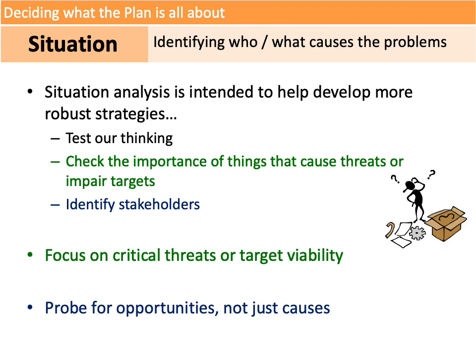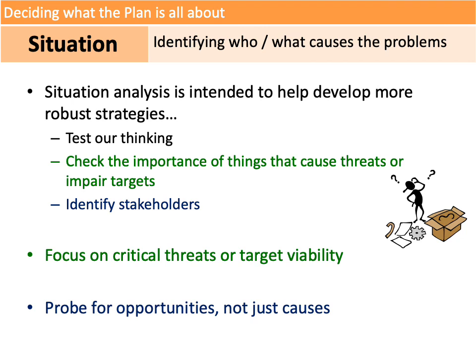We've talked about developing more robust strategies, but the other thing that's important here is it can really help you identify stakeholders that may not have come up when you did your first stakeholder assessment. It can help you identify stakeholders who may be part of causing the problem, but it can also help you think about their motivations. It can also help you identify stakeholders who could be part of the solution.